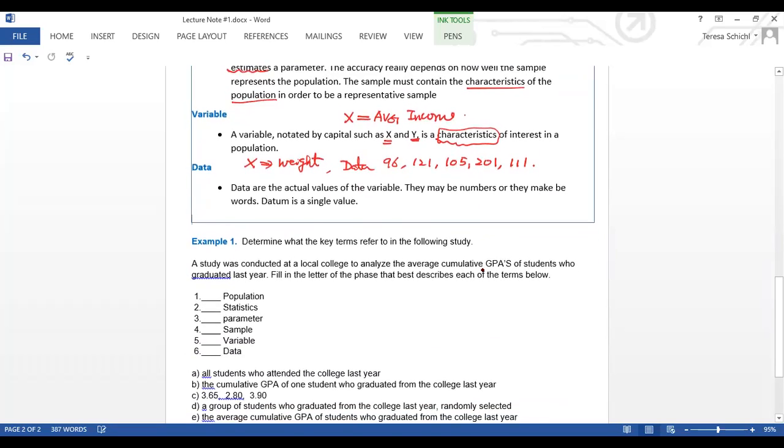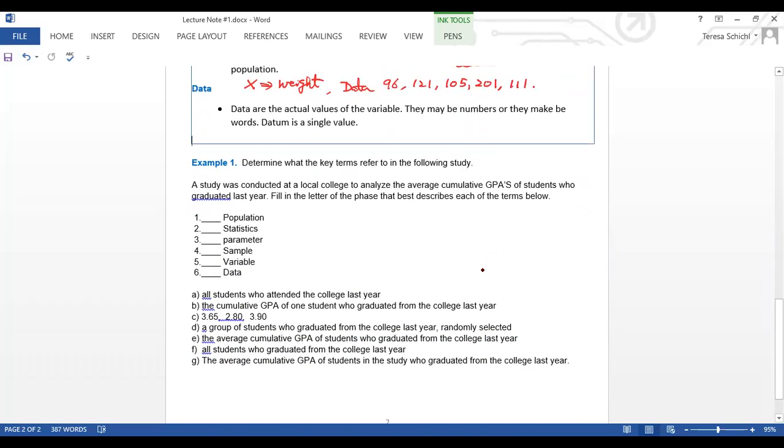Okay, let's take a look at one example to see if we fully understand these definitions. Let's read very carefully so we know whether we capture the words or not. Let's say a study was conducted at a local college to analyze the average cumulative GPA of the students who graduated last year.